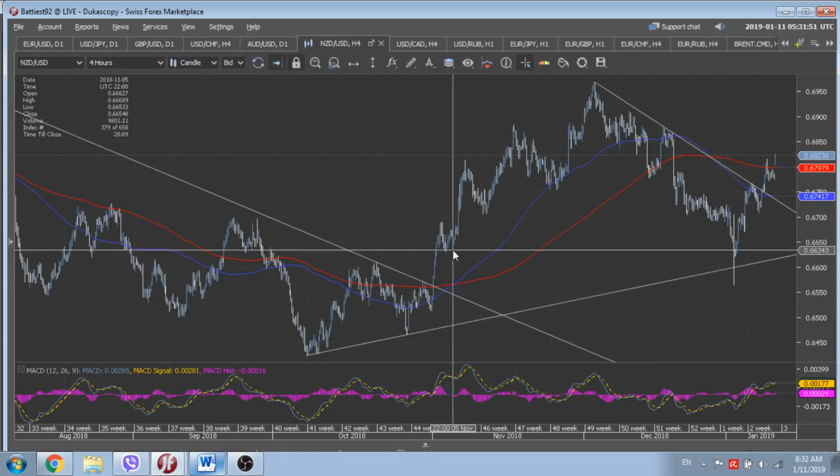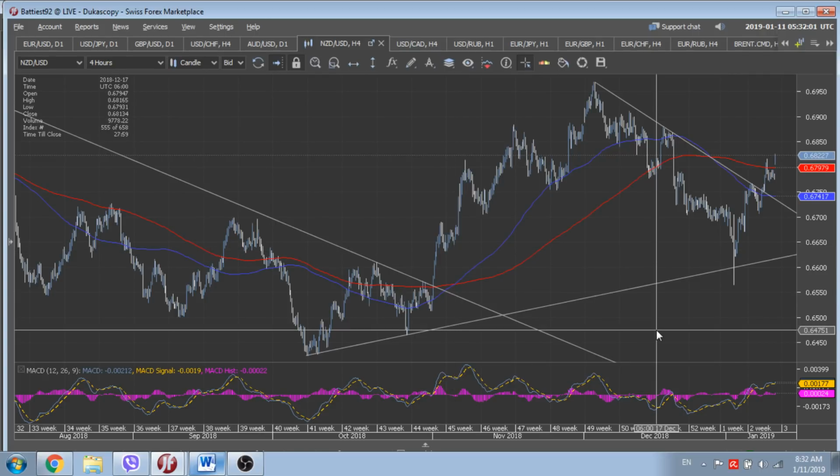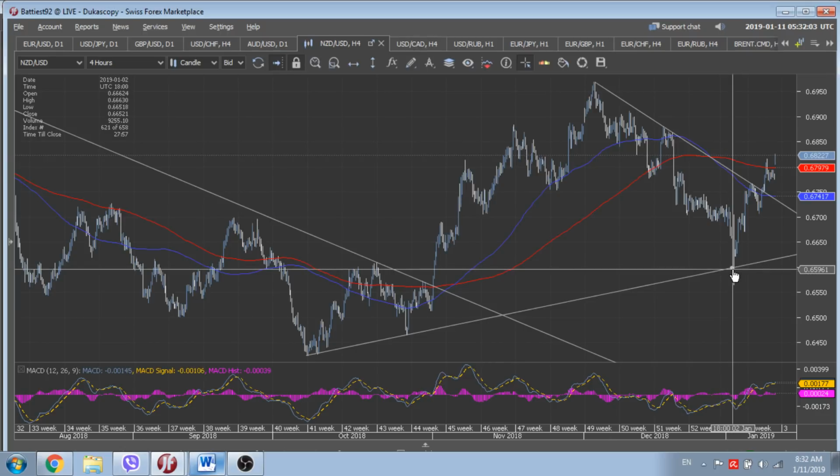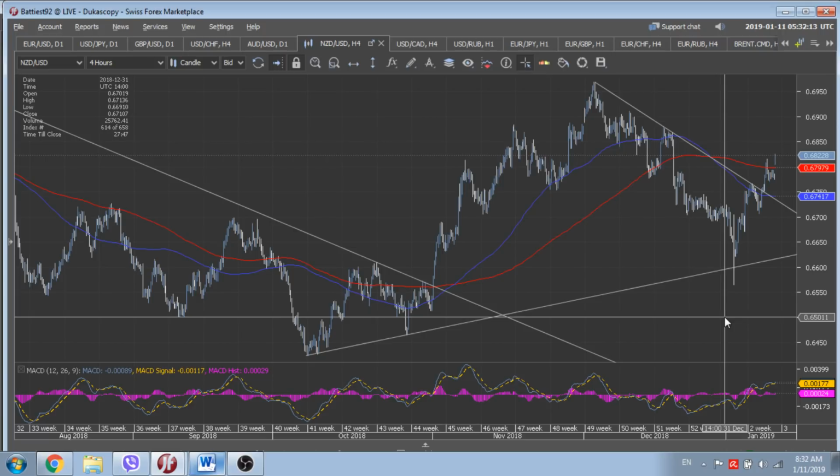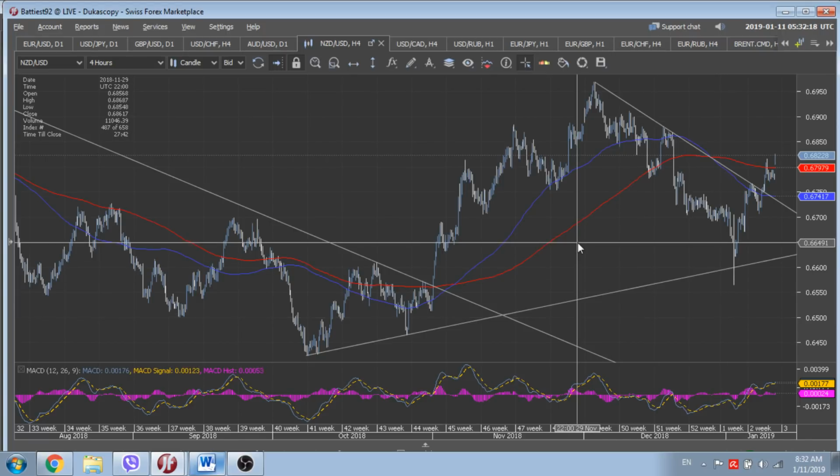Also the Kiwi dollar is trading above its moving average 200 daily line as well as moving average 100 daily line, and the break below the so-called accelerated uptrend line was only a false break, and now the Kiwi dollar should probably extend its current move to the upside.